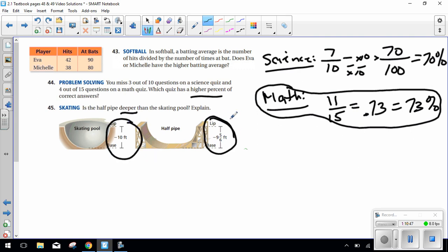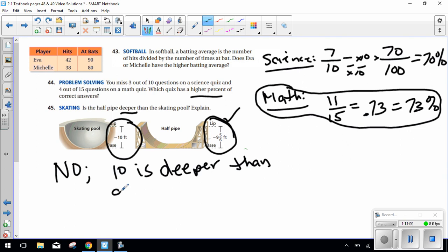So it's saying, is this absolute value bigger than this one? So the answer is no. Explain. 10 is deeper than 9 and 5/6 feet. You can put feet in here. Okay, 10 is deeper, not 9 and 5/6.